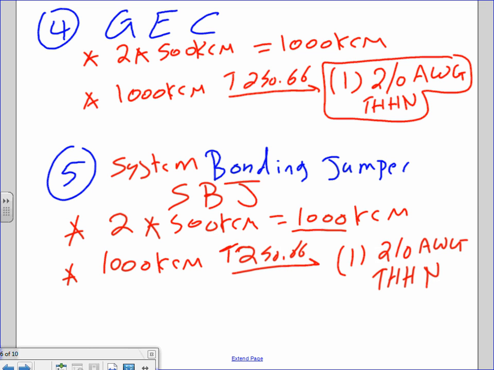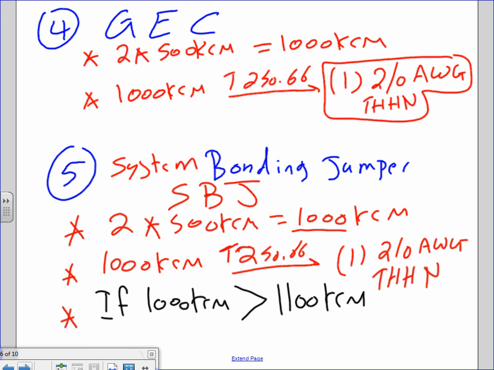I always like to write a note for myself here. If 1000 kcmil is more than 1100 kcmil, then you take the 1000 kcmil and multiply it by 12.5%.